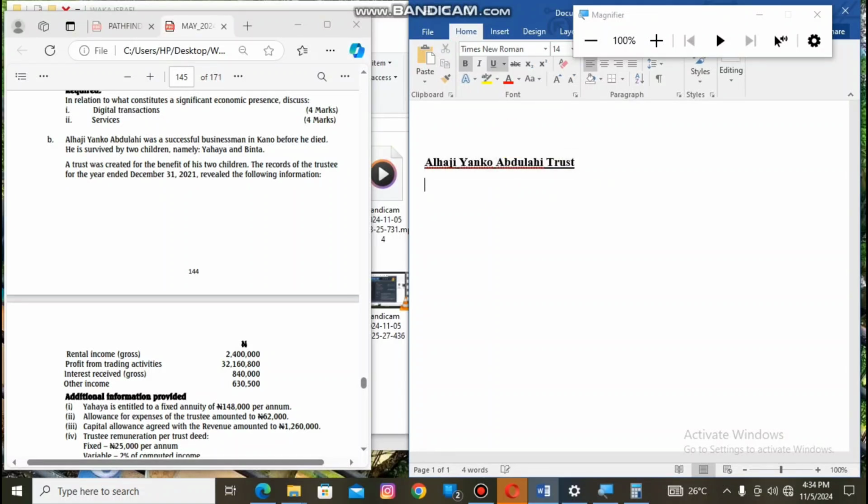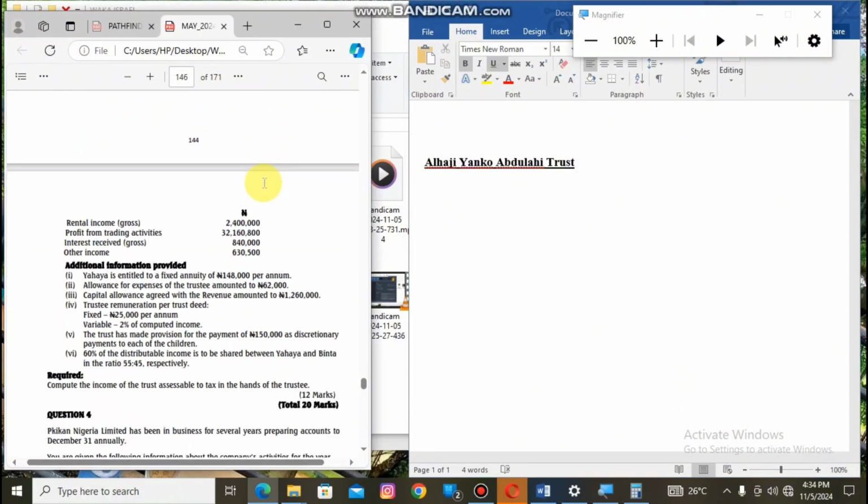Then what's the requirement? Let's go to the requirements. We are told to compute the income, so we write computation of income in the hands of trustee.